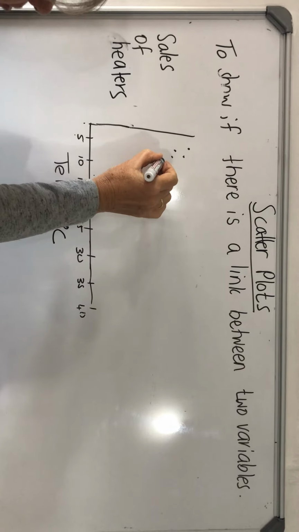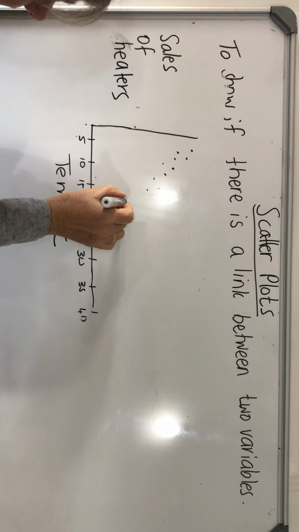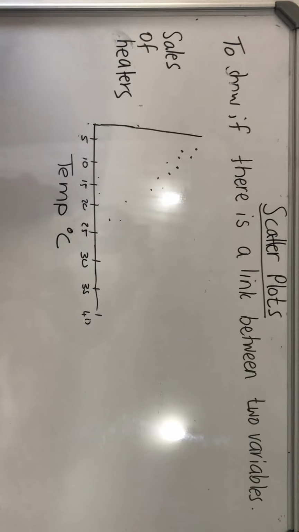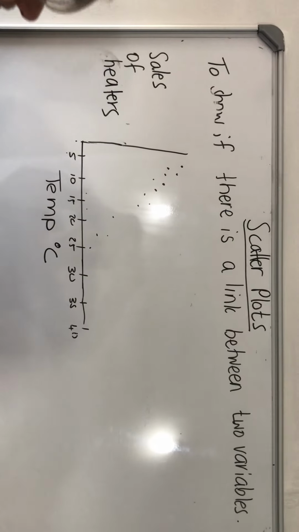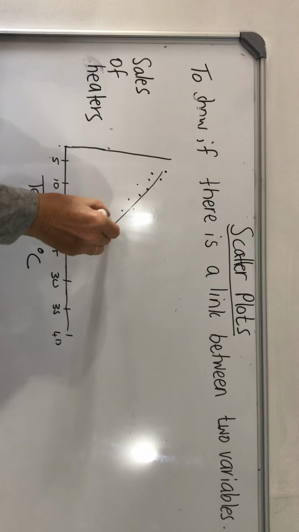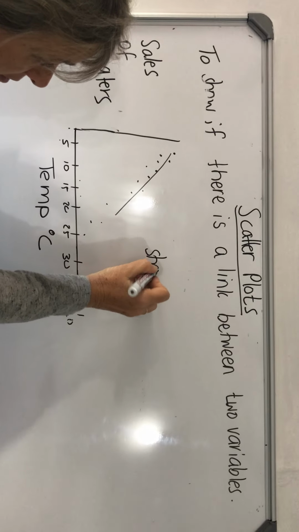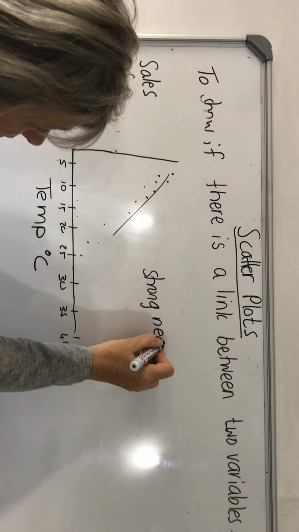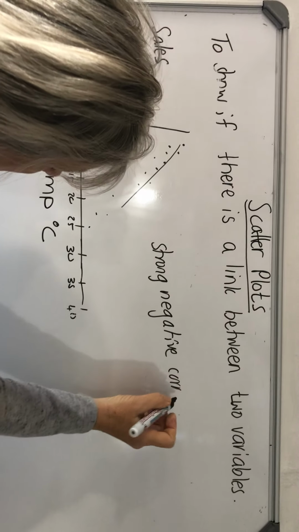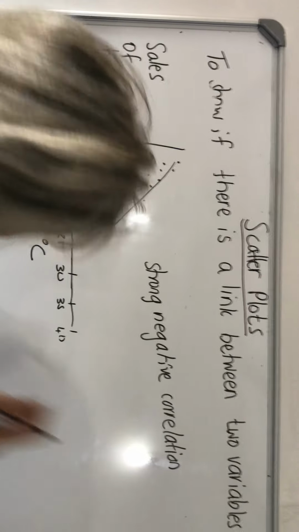So at low temperatures, we're going to find a lot of heaters bought, and as the temperatures increase, there will be very few heaters bought. So we do see a line here, and that would be then strong negative correlation between temperature and heater sales. So there definitely is a correlation.